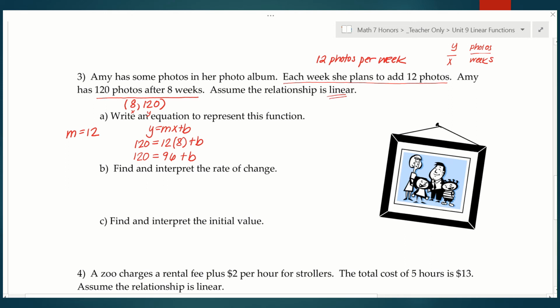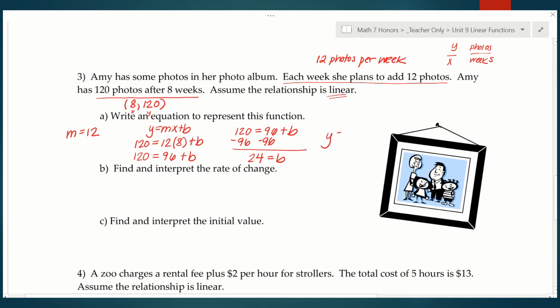To solve for b, I'm going to subtract 96 from both sides. I'm going to rewrite this over here because I'm out of room. Minus 96 on both sides gives me 24 for b.